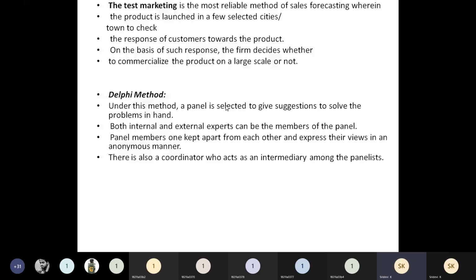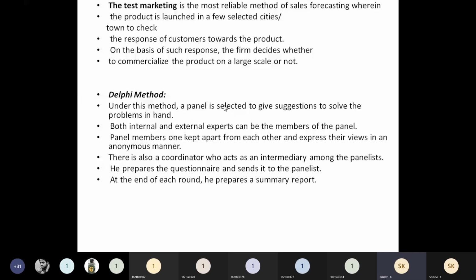He prepares a questionnaire about the product, provides it to the panelists, collects the information from them, and prepares a summary report. Based on the summary report, conclusions or suggestions will be created.